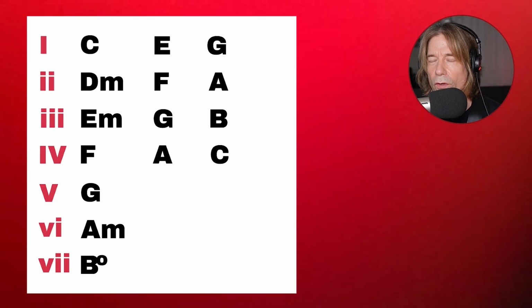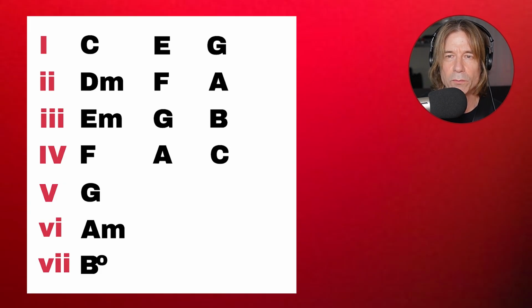Now looking at the 4 chord, it changes a little bit. Because now we're building on the 4. So with the 4 chord, F, we're going to skip the G. We're going to A. That's going to be the 3rd. And always remember, the F is the 4 of C, but it's a new thing now.